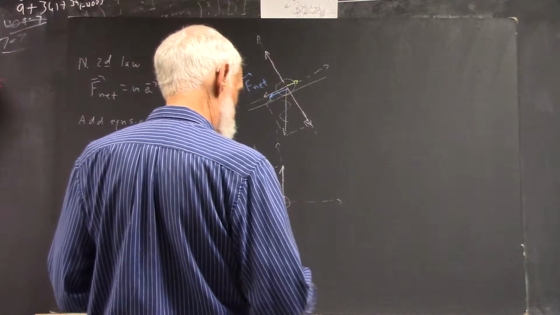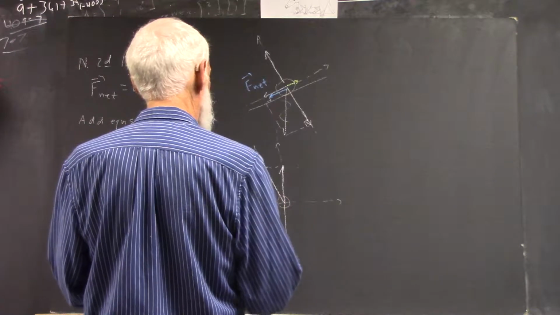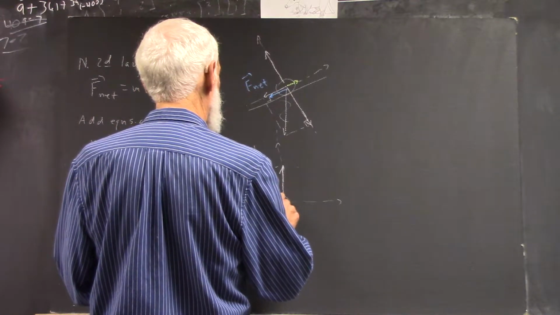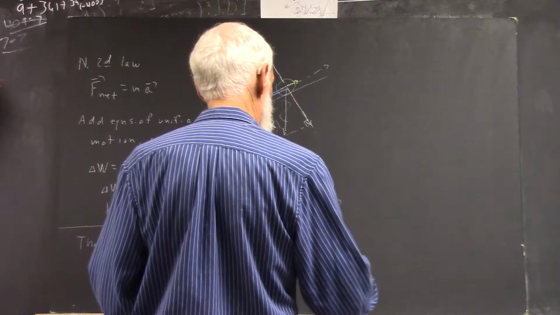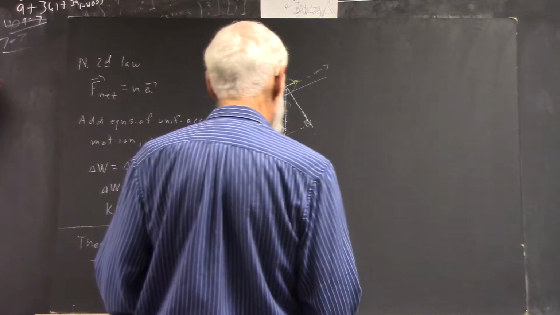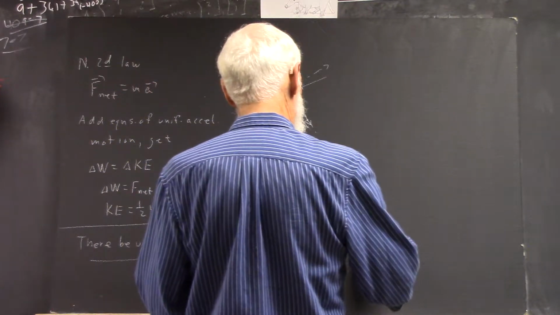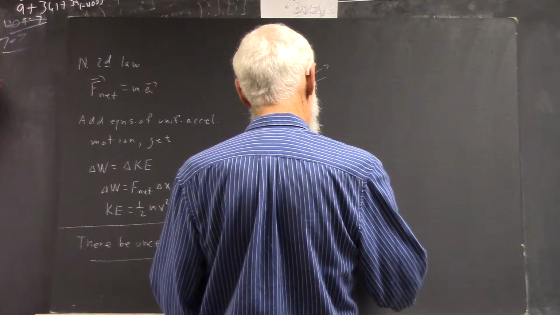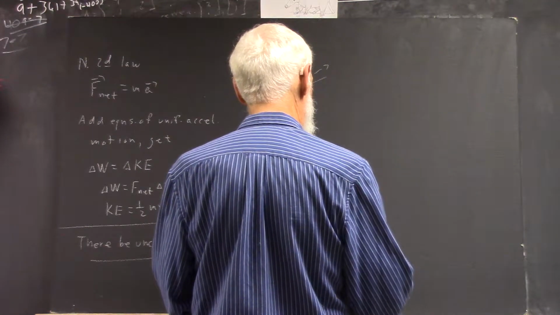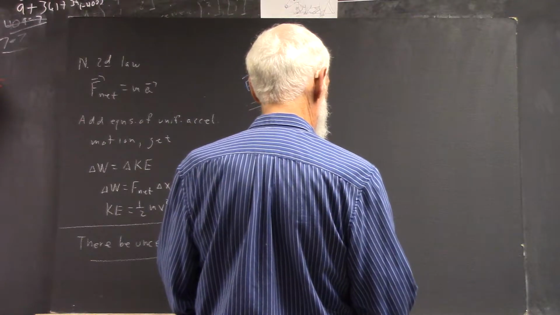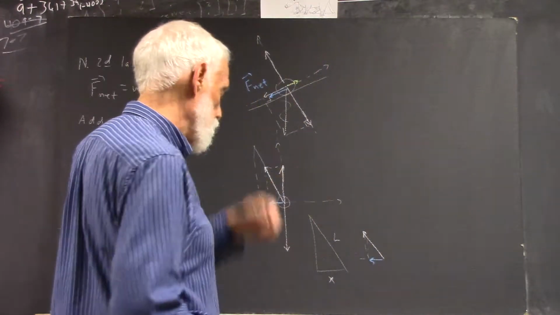So the net force is this, and you have two similar triangles, length here, displacement, or distance from equilibrium here, and you have a vector picture. And these are similar triangles, etc.